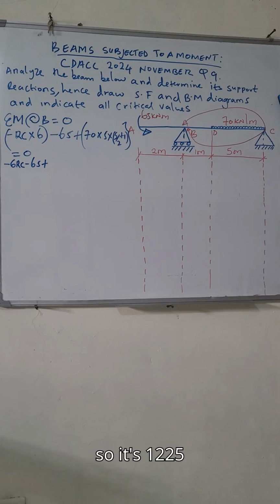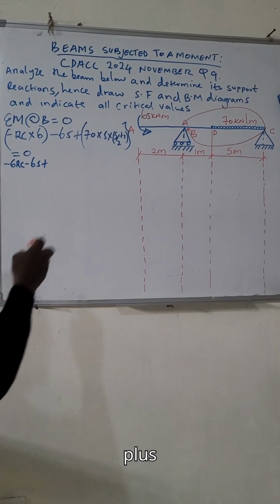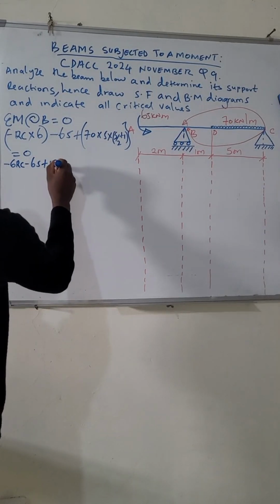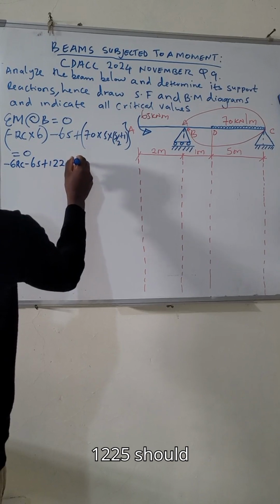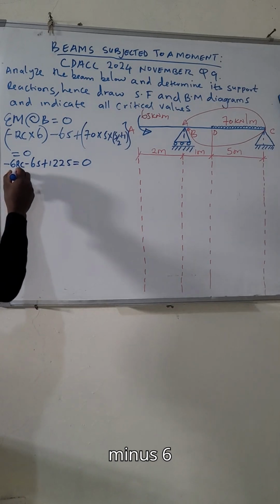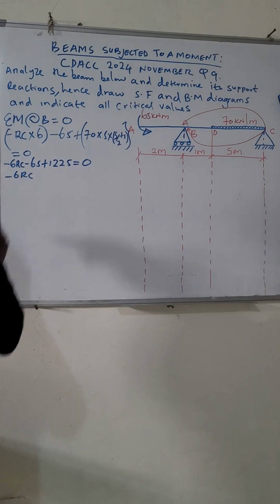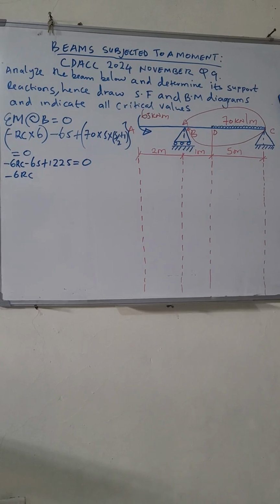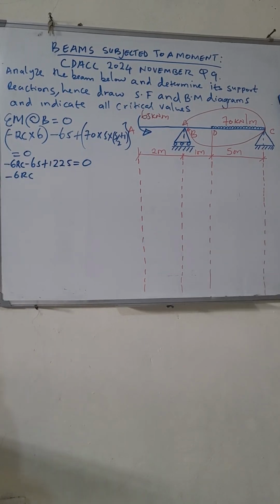So it's 1225. Plus 1225, should give you 0, minus 6 RC. And then you do the operation here.